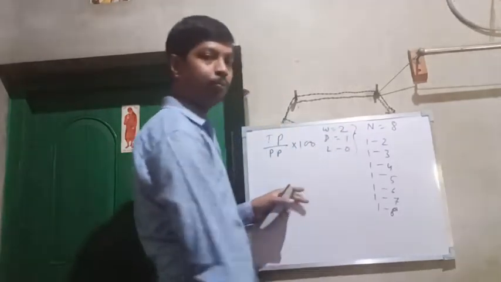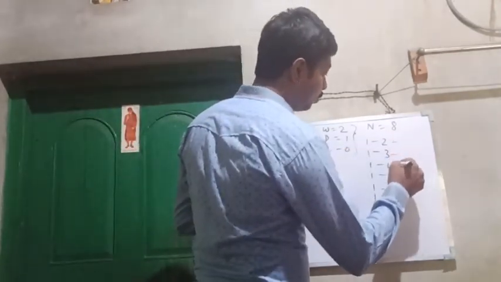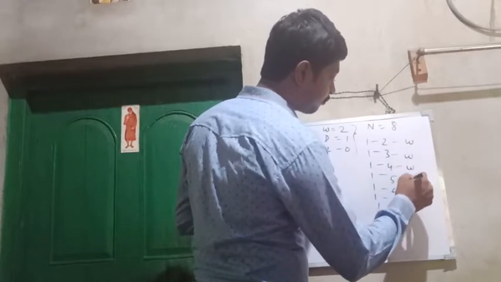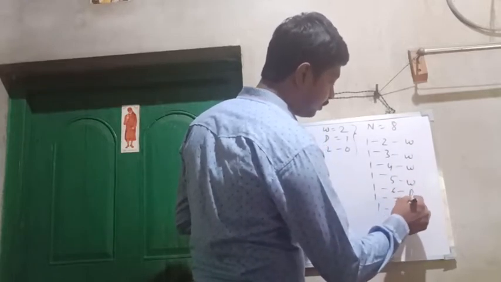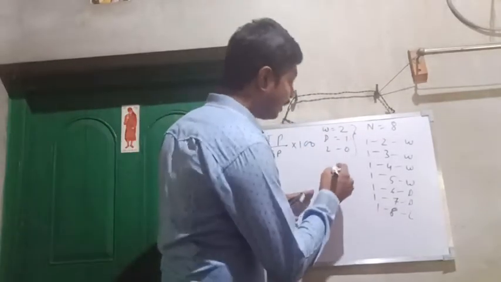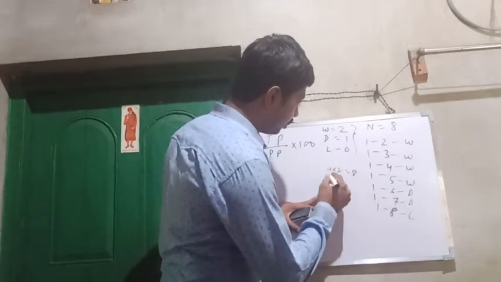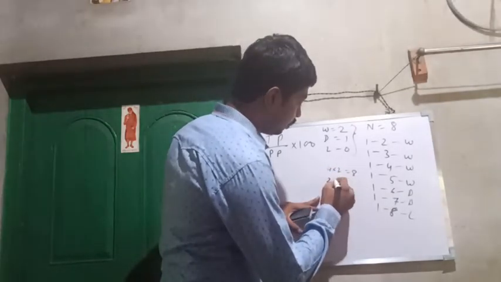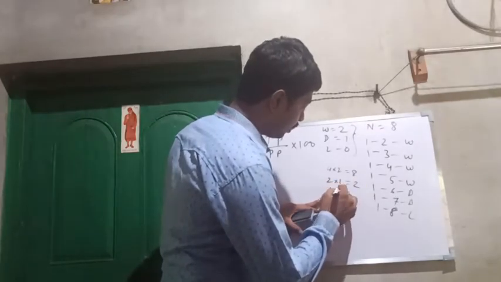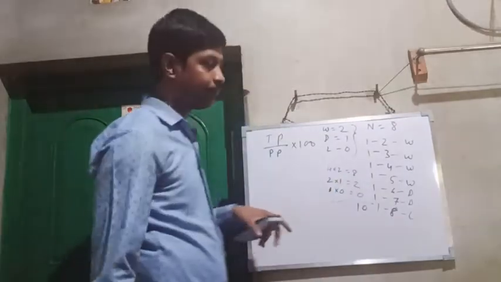Suppose one team wins 4 matches, draws 2 matches, and loses 1. So the total points will be 4 into 2 equal to 8, 2 into 1 equal to 2, 1 into 0 equal to 0. So total points is 10.